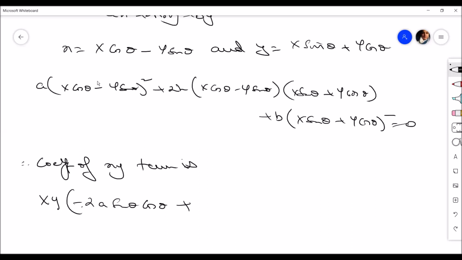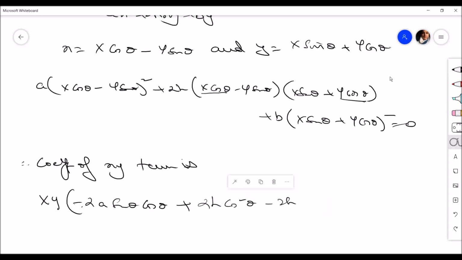Similarly here, where do you see an xy term? There is an x cos theta and a y cos theta, which will get multiplied with each other to give you xy cos square theta, and of course a 2h. So plus 2h xy cos square theta. Similarly, minus 2h, so that xy I have anyway taken out common, so I'll not write it down here.